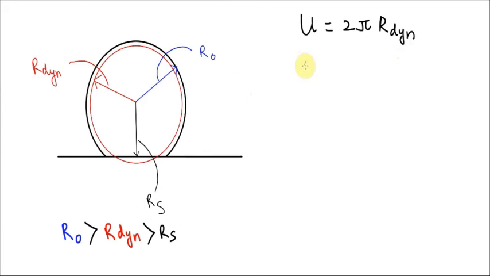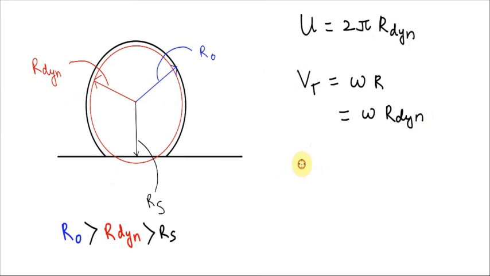So going back to our equation, where we were considering the velocity of the tire, we wrote the formula as omega r. So here the value of r will be the dynamic radius. This will be the radius which we will be considering in calculating the velocity of the tire.